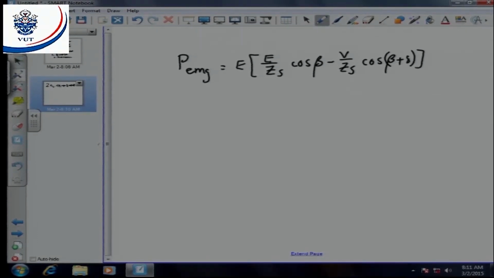Then if we differentiate it with respect to delta, we have EV over Z_s sine(beta plus delta).